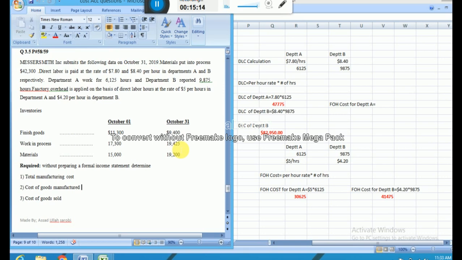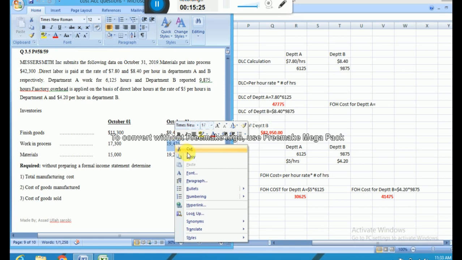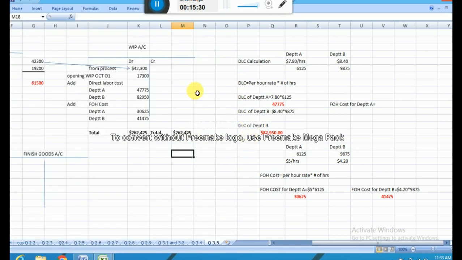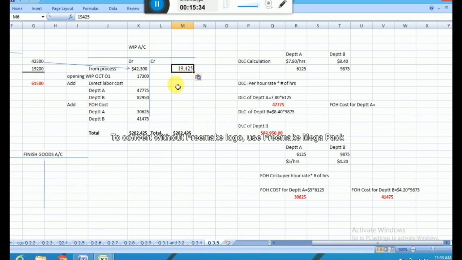And we will subtract this amount, 19,425, from the current month amount. This is called ending work in process, meaning on October 31st.